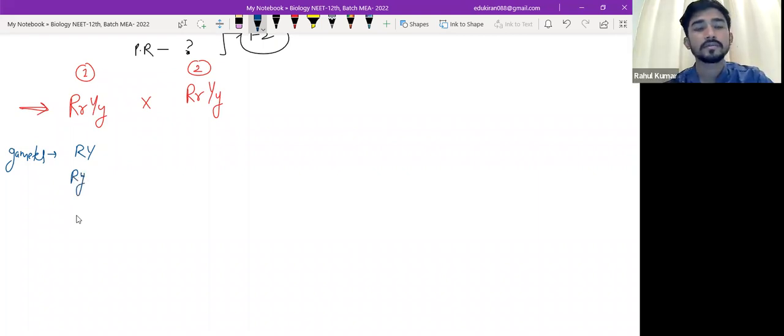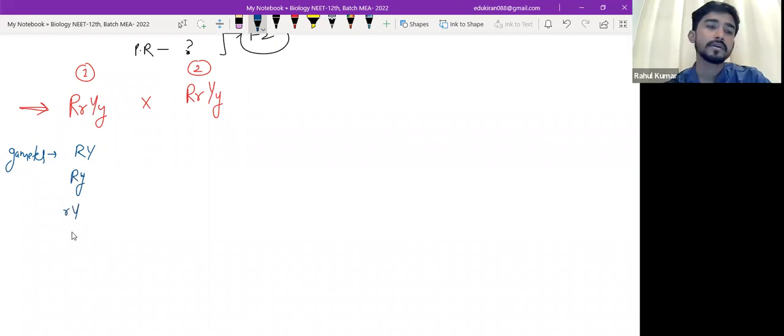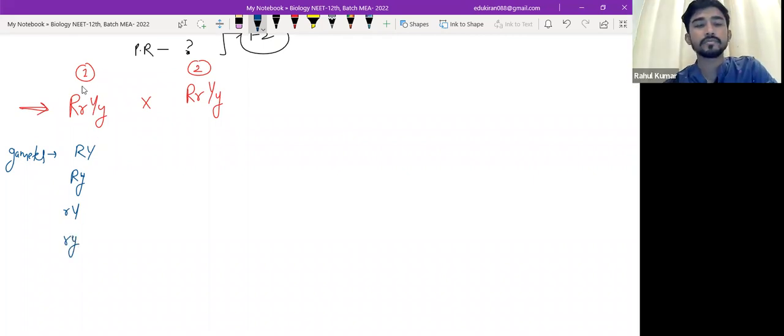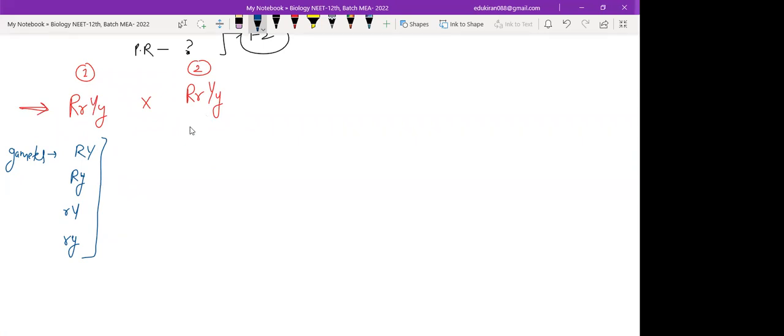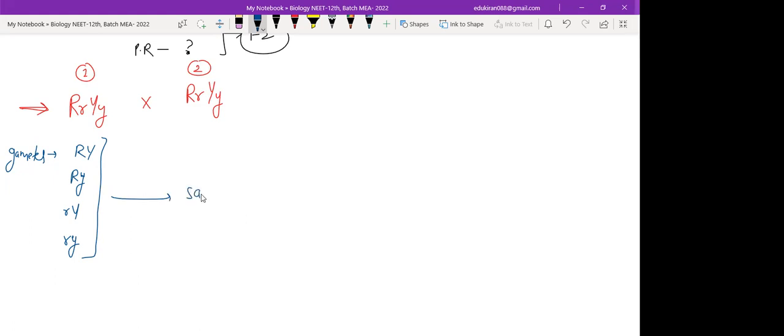And small r, capital Y. And small r, small y, right? These are the four combinations possible from this. Any other permutation combination possible for gametes? No. And if we are self-crossing, the same four will be possible for this parent as well, right? Yes, sir. Everyone understood till here?